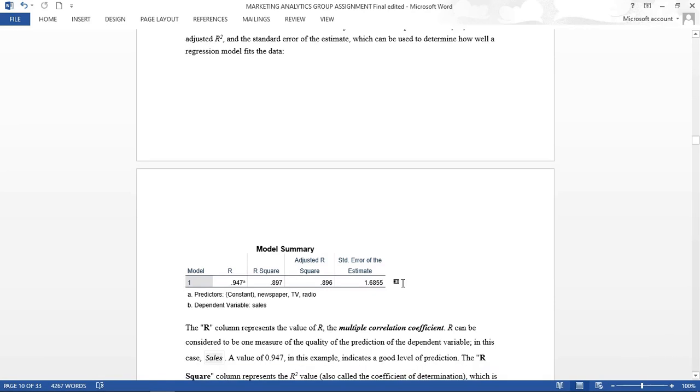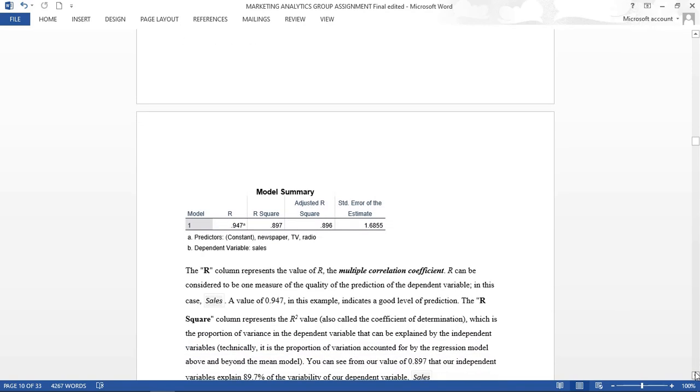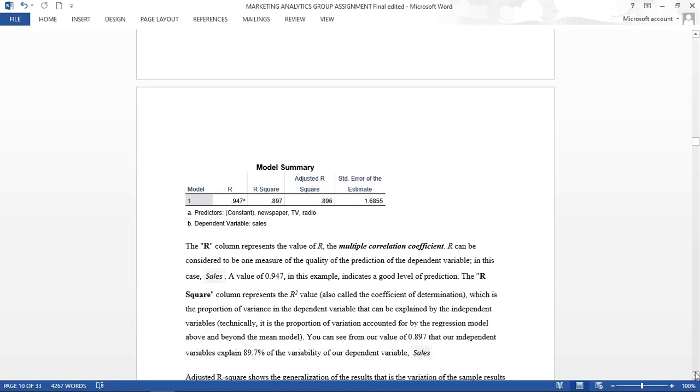So this is the table that we obtained. The R column represents the value of R, the multiple linear correlation coefficient, sometimes referred to as the Pearson correlation coefficient. R can be considered one measure of the quality of prediction of the dependent variable. In this case, the dependent variable is sales. So a value of 0.97 for R indicates a good level of prediction.